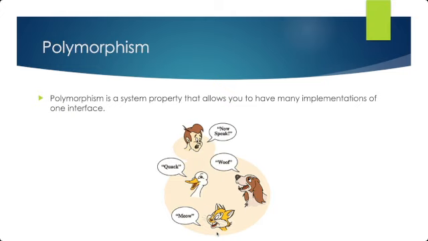Let's remember about other principles of OOP, because sometimes students think that they know what it is, but it's not true. And polymorphism, it's a feature of a system that allows you to have many different implementations of the same interface.